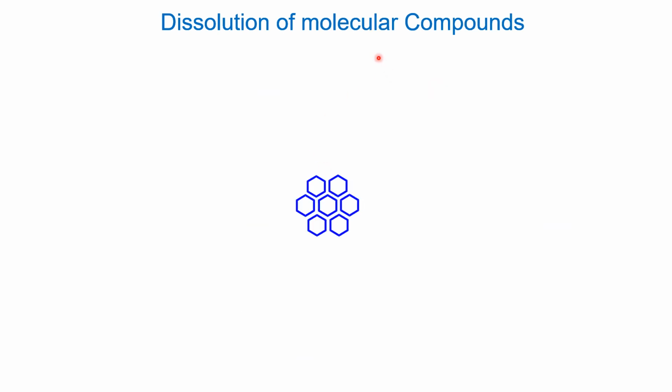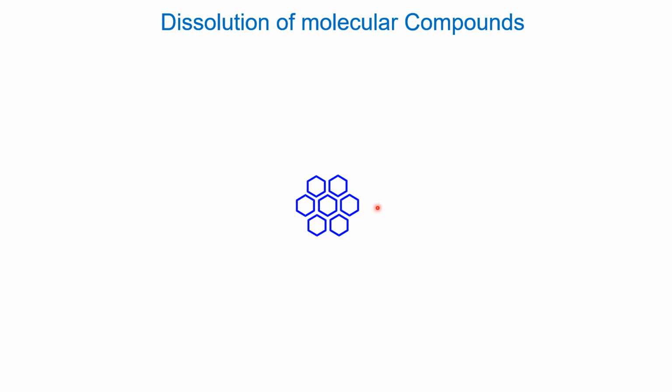For the molecular compound, when you look at the structure, I use this cyclohexane, the hexagon, to show the individual molecules. There are 2 types of attraction. One is called intramolecular attraction, that is the covalent bond, and they also have attraction among those molecules.